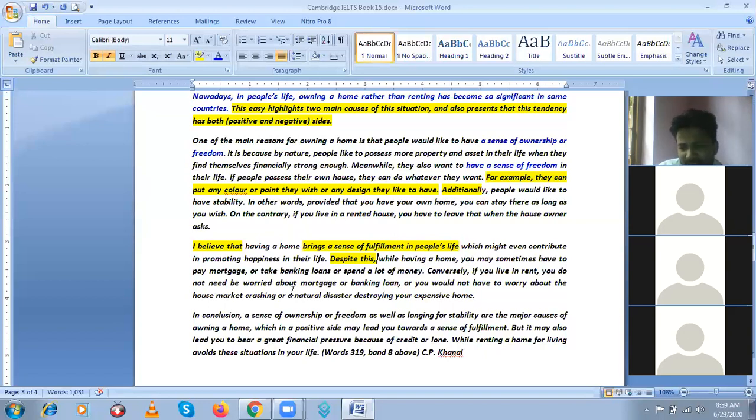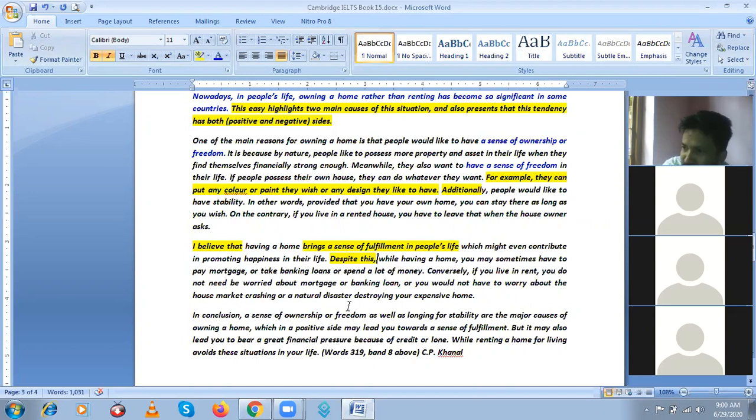Conversely, if you live in rent, you do not need to be worried about a mortgage or banking loan, or about the house market crashing or a natural disaster destroying your expensive home. On the negative side, when something goes wrong, like a natural disaster or the house market crashing, at that time you have to bear great financial pressure or burden.